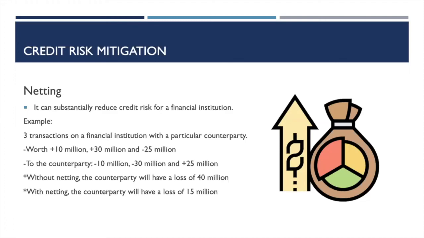Without netting, the counterparty will default on the first two transactions, causing a loss of 40 million to the financial institution. It will only retain the third. With netting, it is compelled to default on all 3 transactions, for a loss to the financial institution of 15 million.